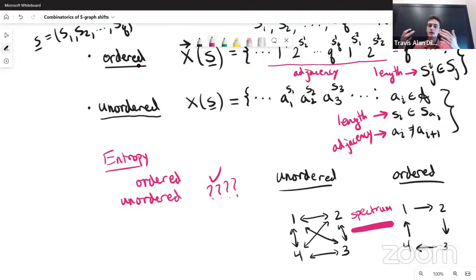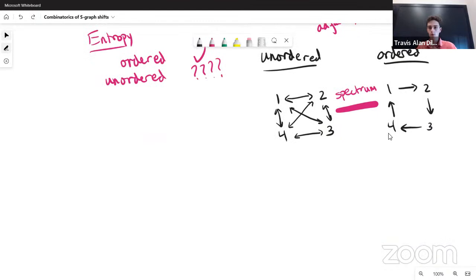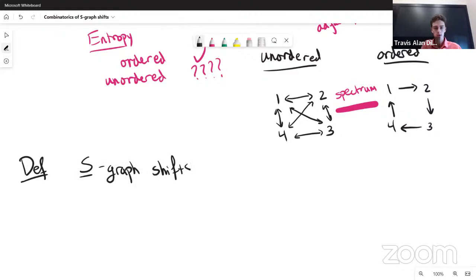And so this way of thinking is really what led to this new definition that I'm going to talk about, of S-graph shifts. Studying S-graph shifts was the paper that this talk is based on. So let's get to the definition here, motivated by this graph picture. S-graph shifts have much the same information as I just outlined.